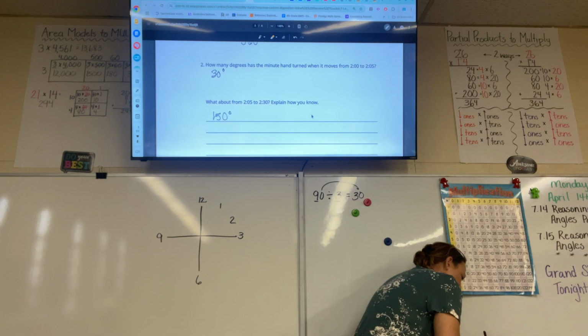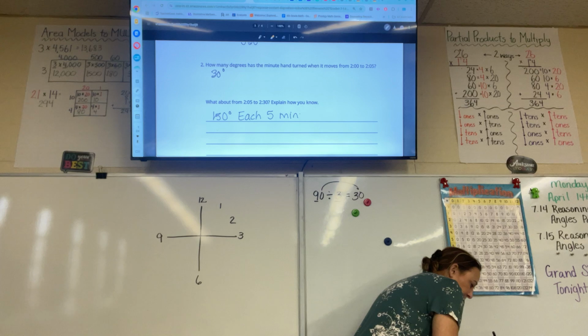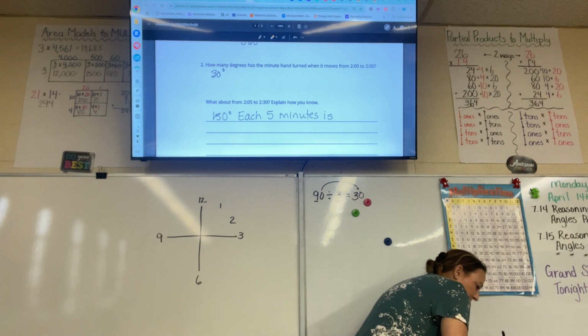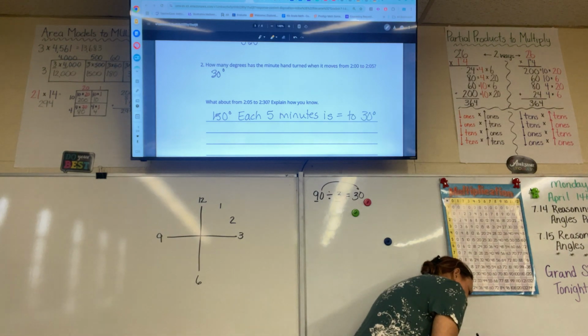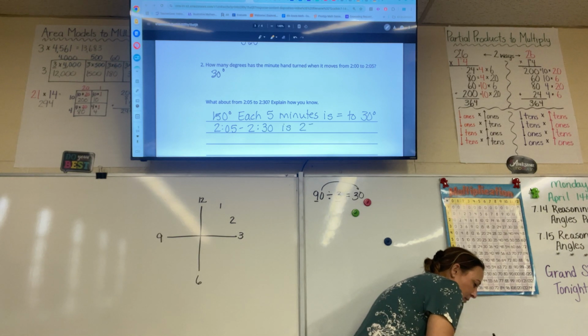Explain how we know. Each 5 minutes is equal to 30 degrees. 2:05 to 2:30 is 25 minutes.